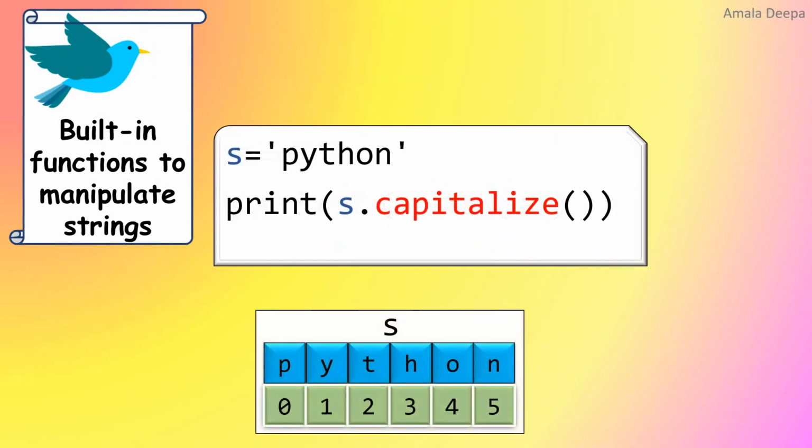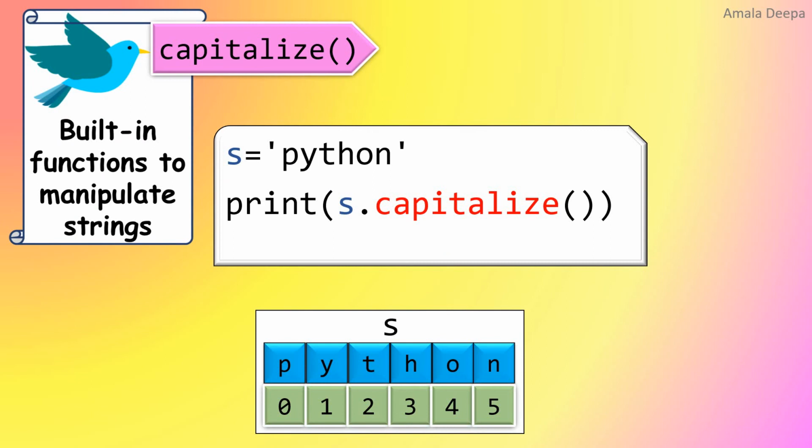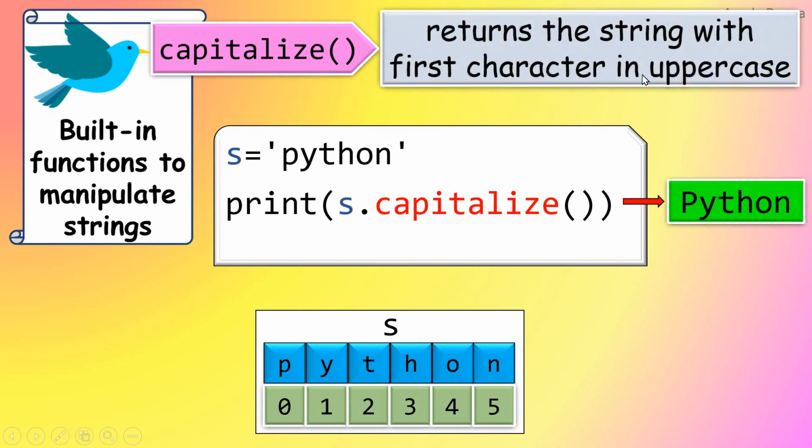Next we will move on to the capitalize function. s is equal to Python. Print s dot capitalize. So this print statement gives the output Python. So what does this capitalize function do? The capitalize function returns the string with the first character in uppercase.